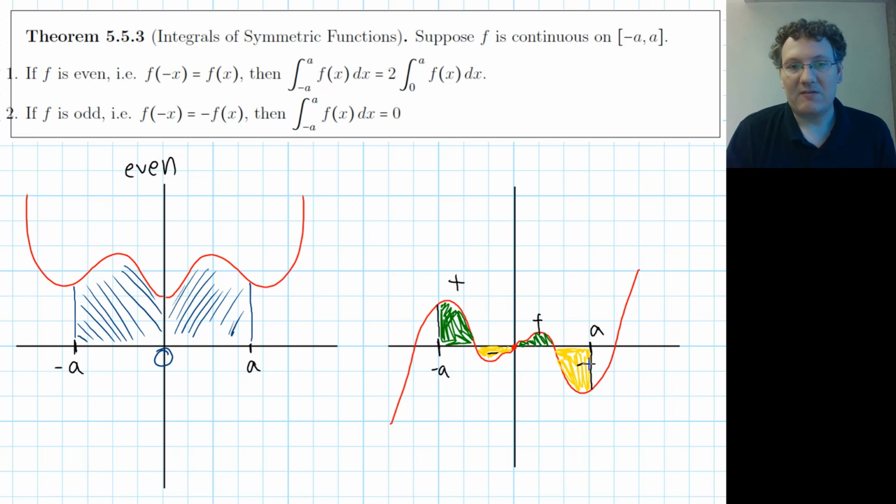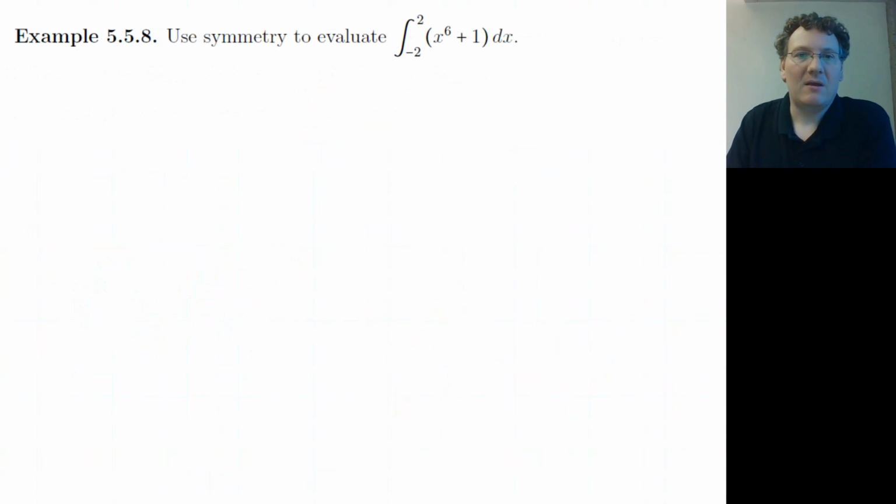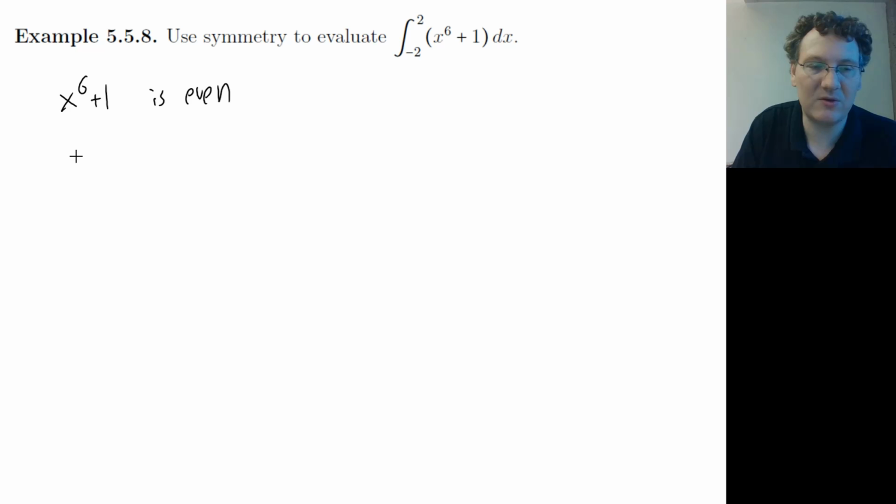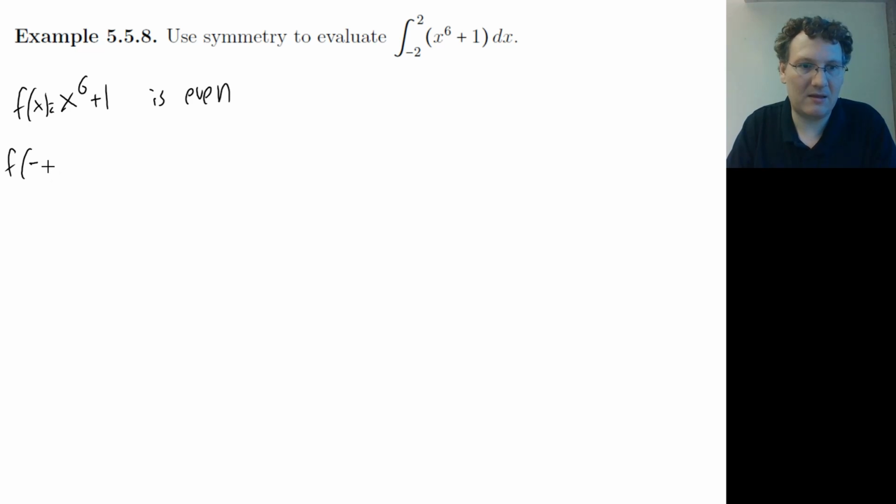The integral of an even function over symmetric bounds, you can just double the integral from 0 to the upper bound. So let's look at that, use symmetry. This function here, x to the 6th plus 1, is even. To check that, if this is f of x, what's f of negative x?